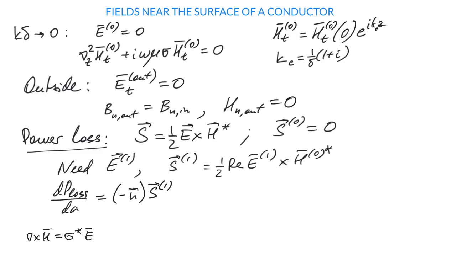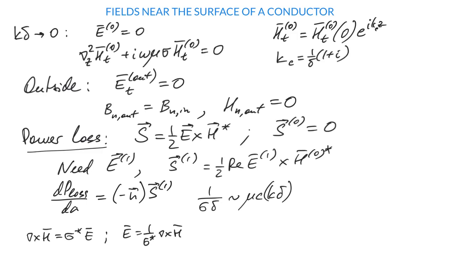So then from here, we find E equals 1 / sigma star curl of H. Now again, remember, if we take the derivative, we get at most the factor 1 / delta. So 1 / sigma delta is of order, as we found before, mu c k delta. So that's where the first order comes from.